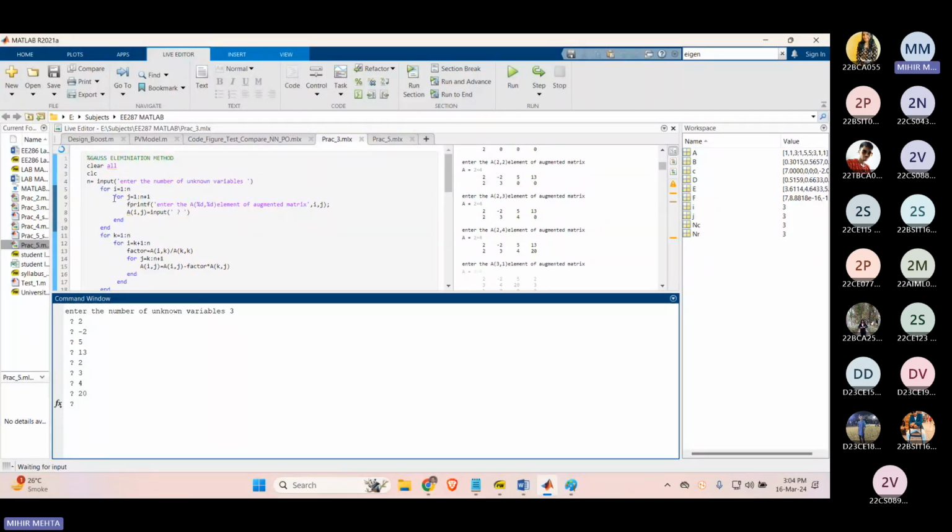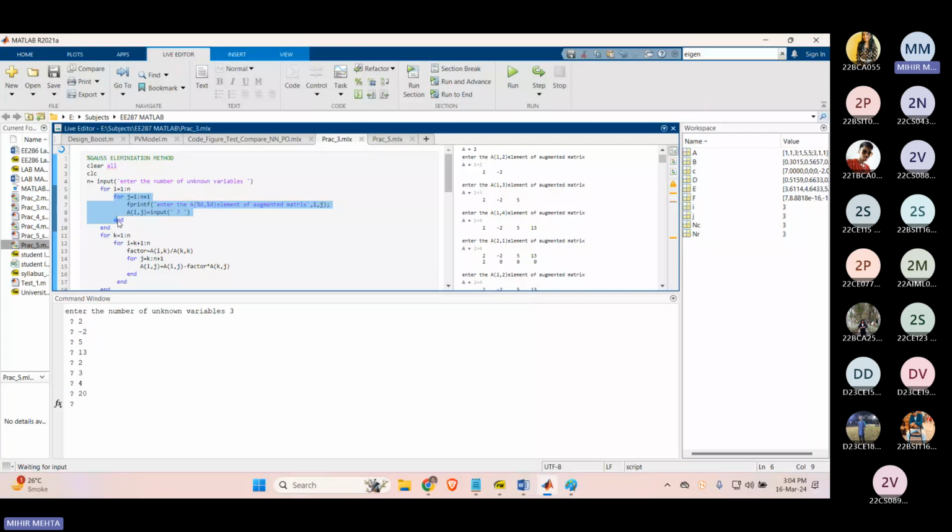So for I equal to 2, you have completed this entire process. Now you further need to increment the value of I. So now it is 3, and again you repeat the same process.